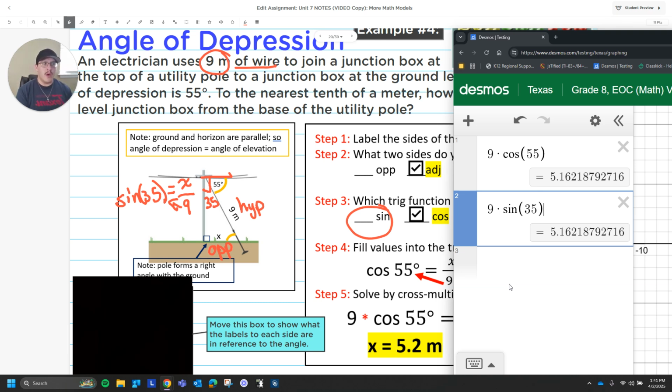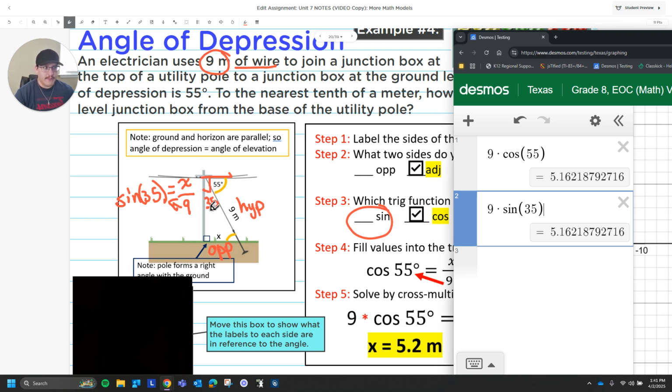As long as you know your stuff about triangles, right angles, degrees, sides, etc., it's all right if you do it a different way. Here's one of the different ways. Instead of using 55 over here and using cosine, I subtracted 55 from the 90-degree angle it created to make 35.